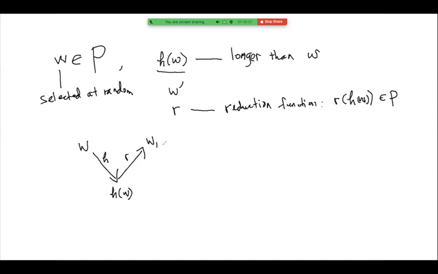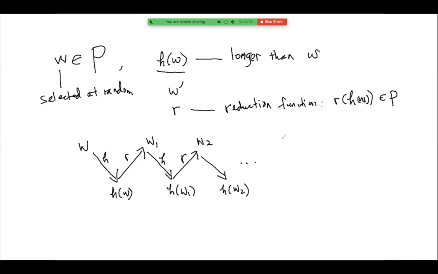And then I do this a few times. Apply H again, I get H of W1, then applying R, I get W2. I do this a few times.